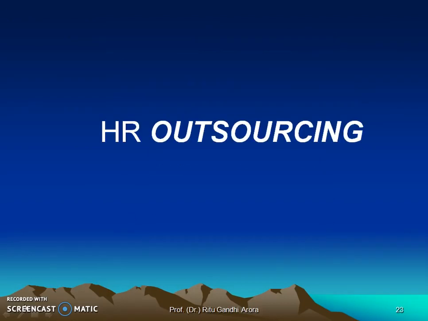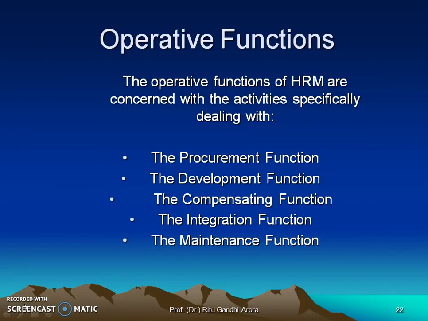Now, coming to the procurement function, it starts with procuring people from the market. As I've said earlier also, human resource management is a continuous process which starts with human resource planning. That is planning about the human resource requirement of the organization, which we call, in HR sense, manpower planning.